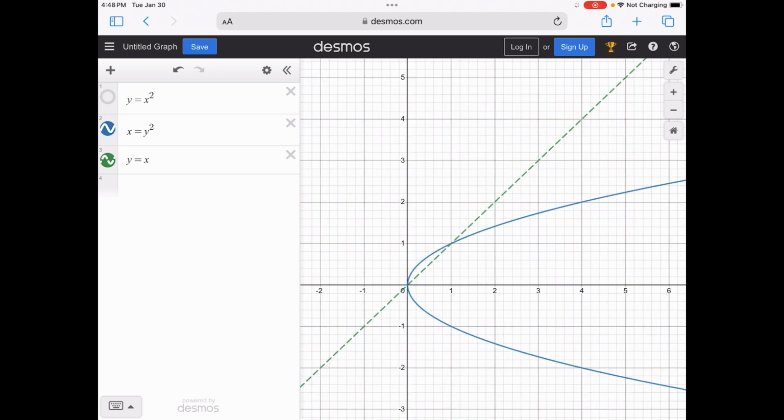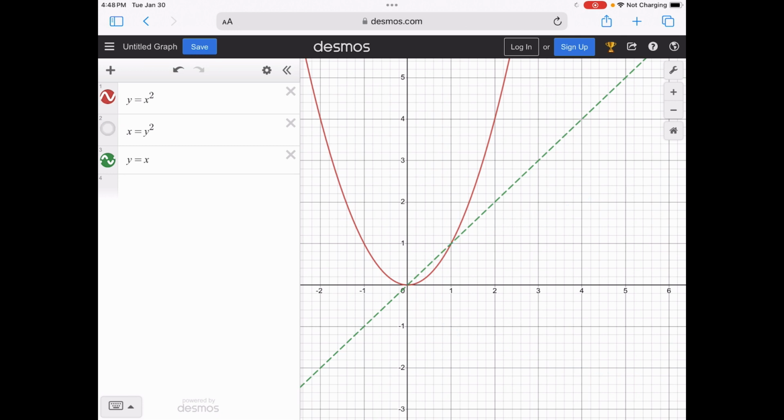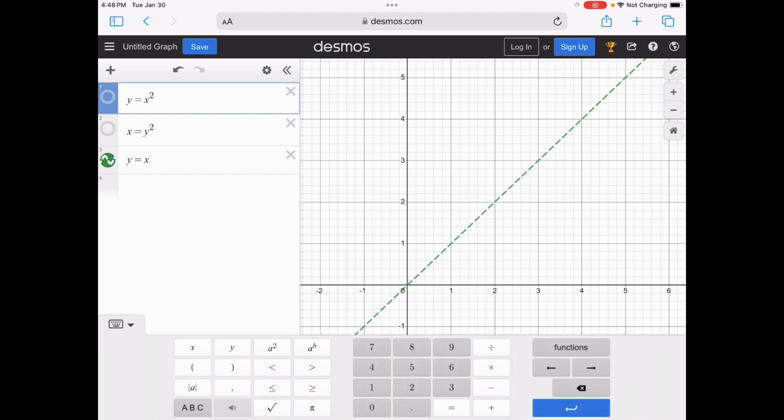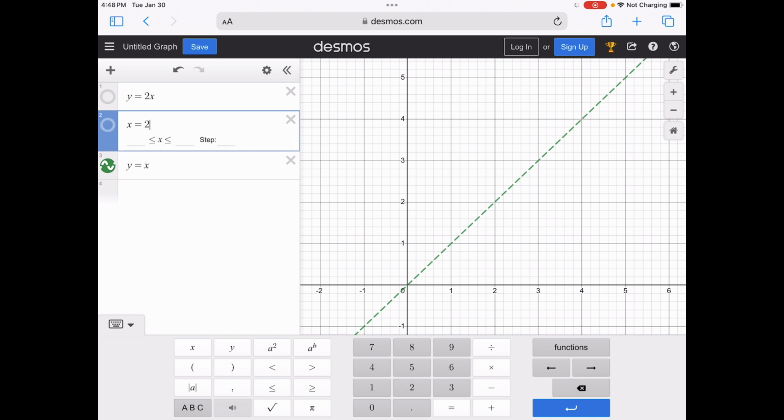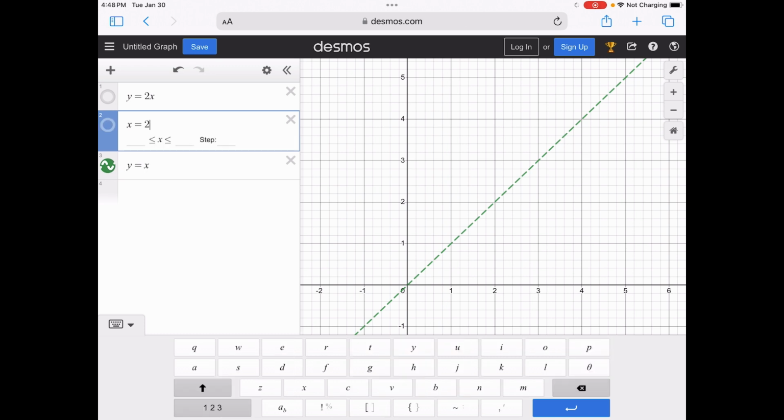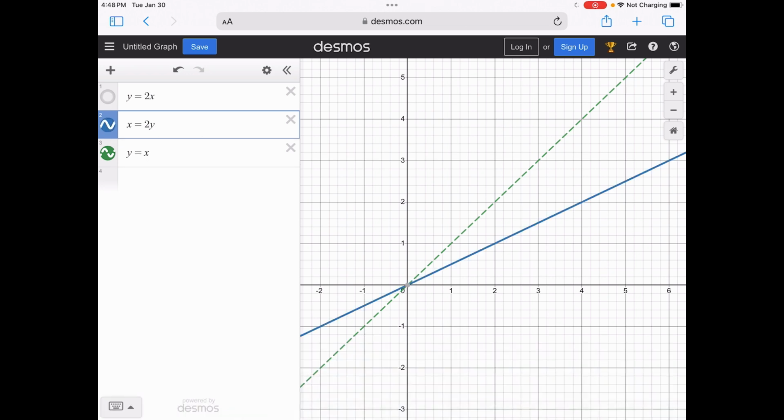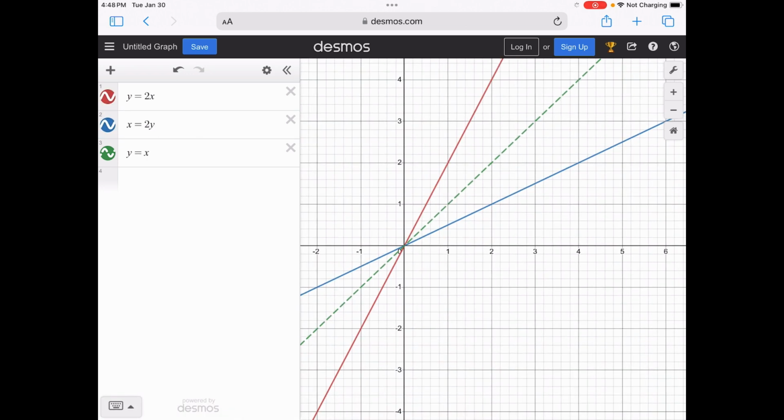So I just wanted to show you that visual. It makes sense that when we reflect things in the line y equals x, it's possible to turn something that was a function into something that's not. And by the way, this isn't always the case. For example, if I do y equals 2x, and then I think about the inverse, x equals 2y, which we could solve for y to get y equals x over 2, and if I graph those, they are inverses of each other, but notice these are actually both functions.